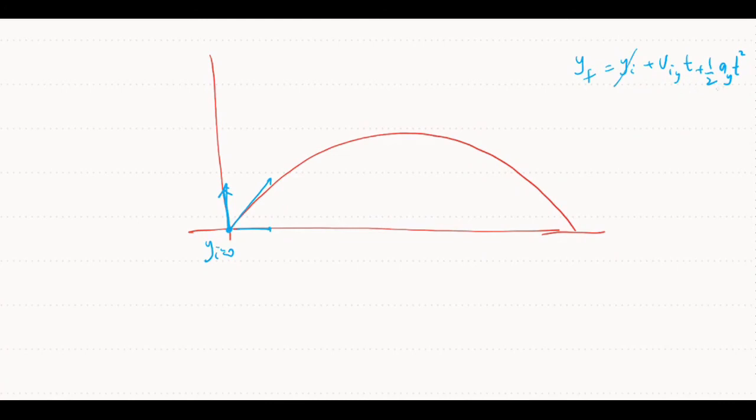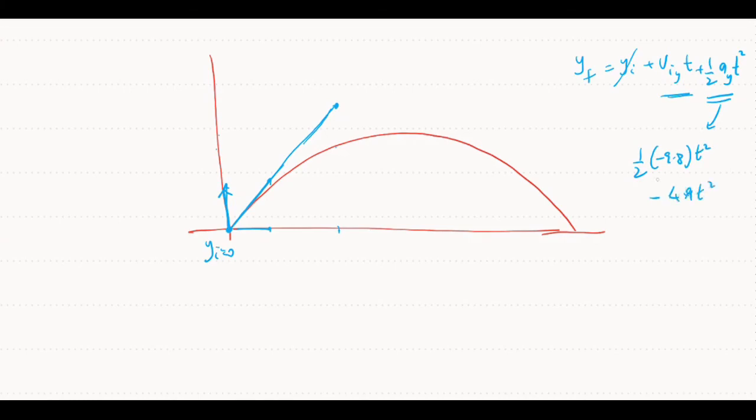So if after some time it reaches here, v initial y t would have taken it up to here, and this term is half times minus 9.8 t squared, so it's minus 4.9 t squared.